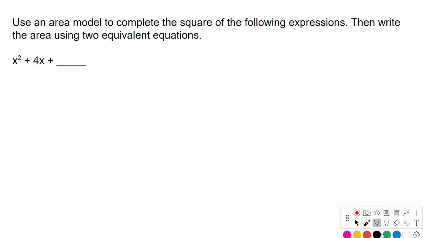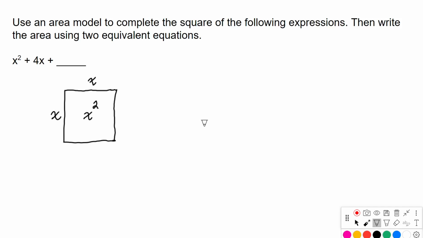So the first thing I'm going to do is draw a square, because everything is built off of a basic x by x square. A square with sides of length x is going to have the area x squared.